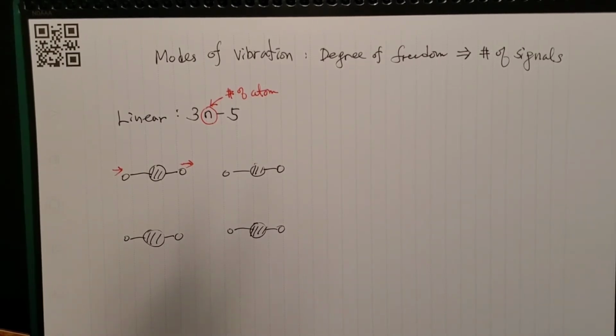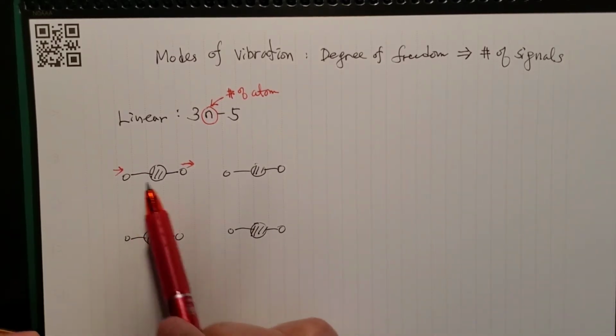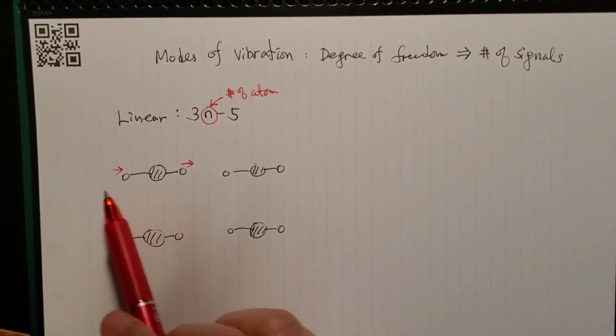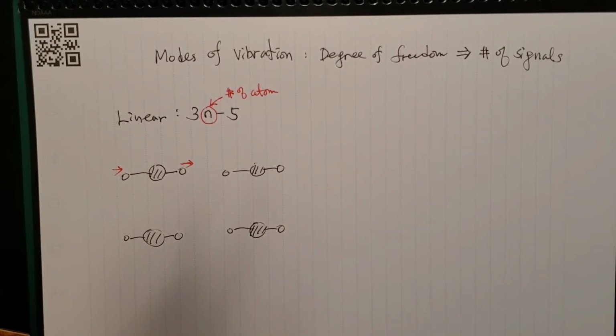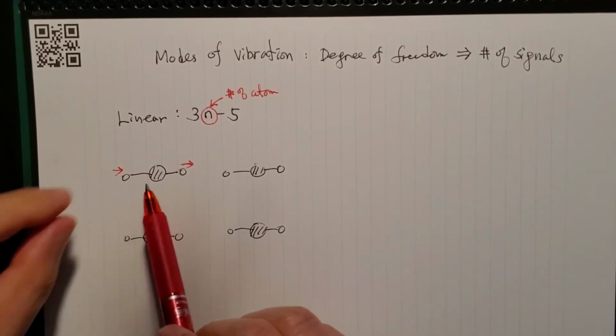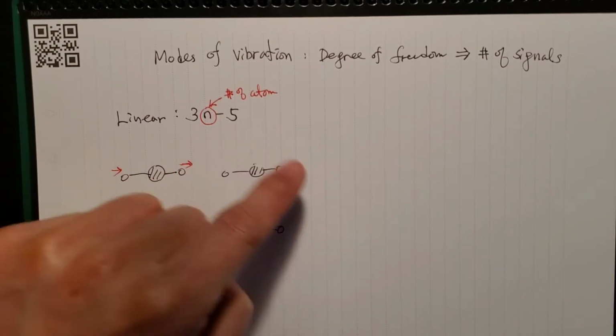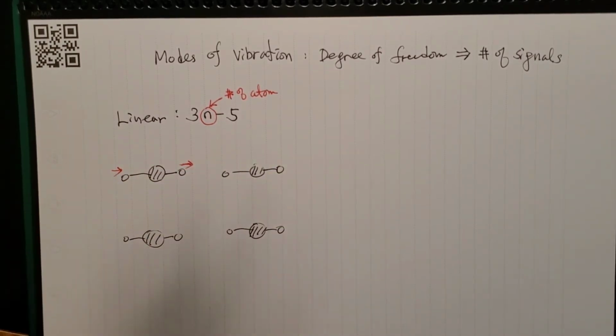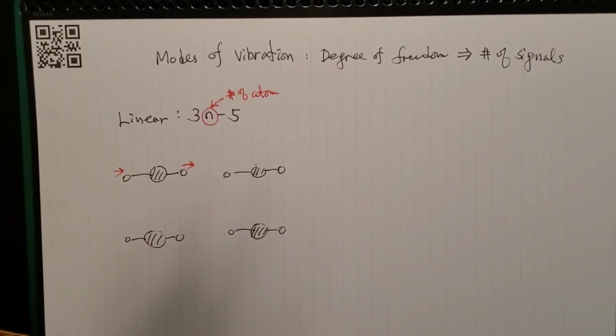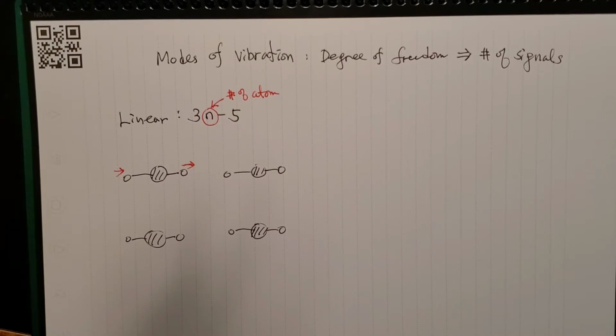But I want you to make sure that you know that when you have 2 different things, like NH2 for example, you don't have one vibration here and the other vibration there separately. It is the whole functional group. They move together a certain way, and that collaborative movement makes up one mode.